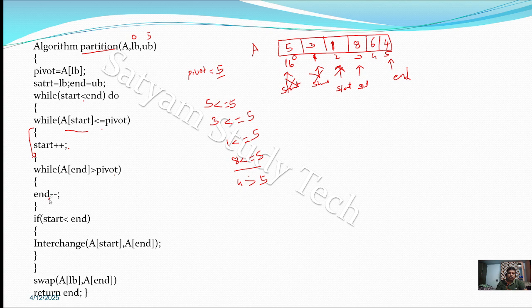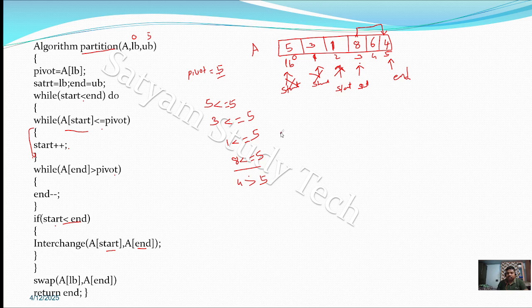If the condition is true, end minus minus. If the condition fails, we also check the condition start less than end. Start is here, it is 3, and 3 is less than 5, so the condition is true. Then interchange A of start and A of end. A of start is 8, and we interchange it with A of end.